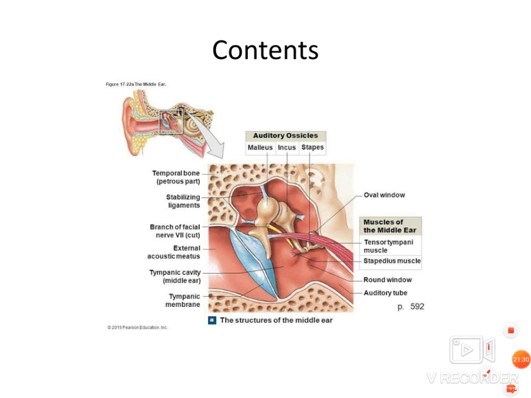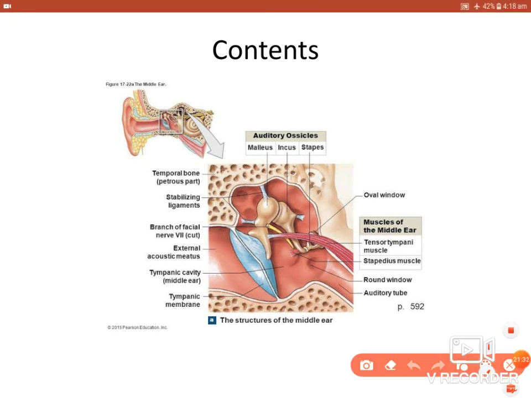Then the contents of the middle ear, we already discussed actually. Here you can see the ear ossicles: the malleus, incus, and stapes. There you can see the muscles. This is the tensor tympani muscle, from the bony and cartilaginous part of the auditory tube, or eustachian tube, and it is attached to the handle of the malleus.